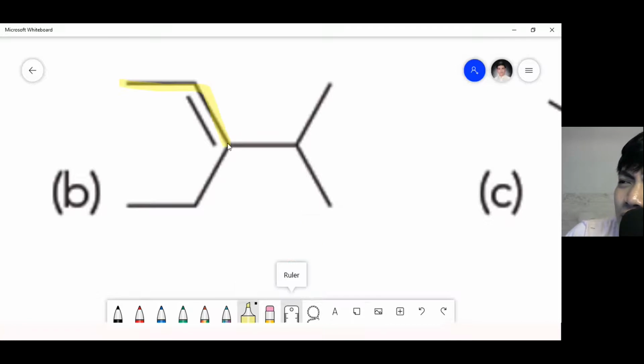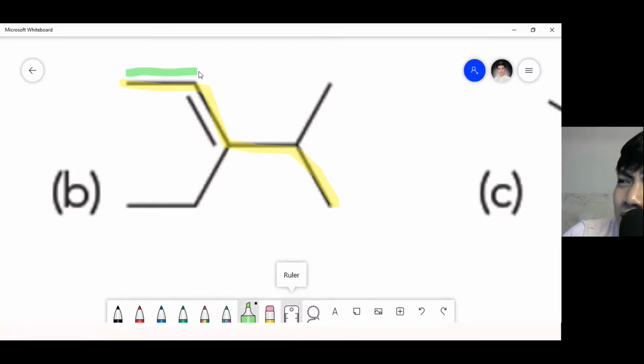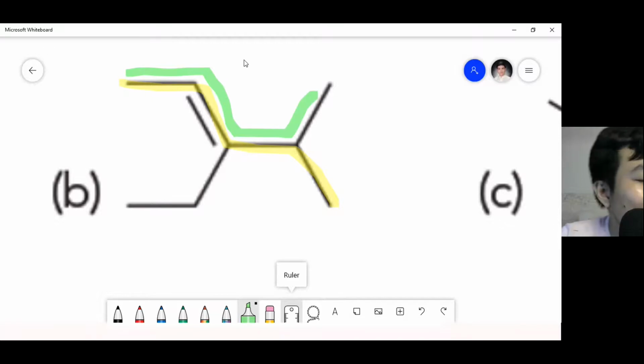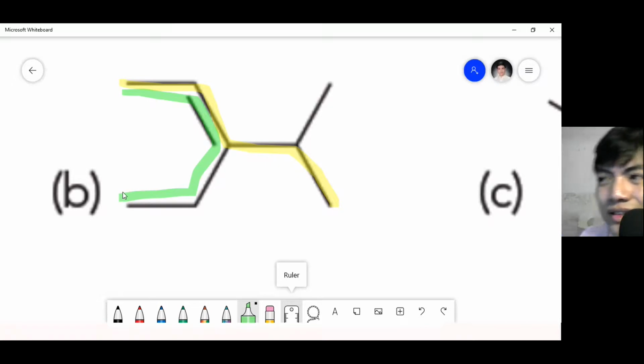We can consider this as the parent chain. We can also consider this. And same lang pala yan. So whichever you go, same lang din yan. Pares lang. We can also use this as our parent chain. Ito yung tanong. Sino yung susundan?